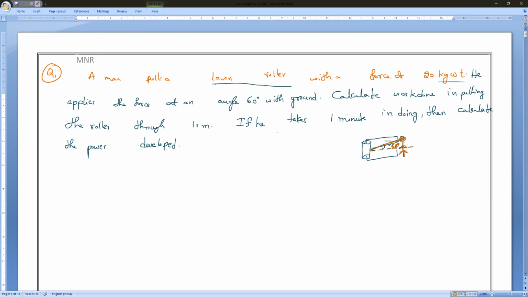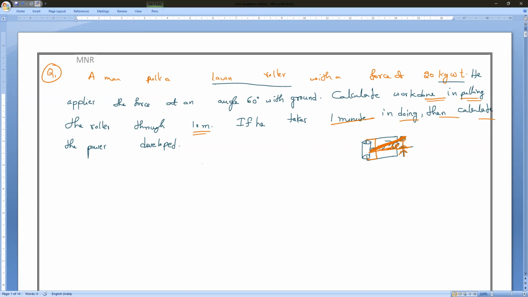Yes, that's it. So you can draw an even better view. So he is applying a force at a 60 degree angle. Now they are asking, what is the work done in pulling the roller through 10 meters? If it takes 1 minute, then calculate the power developed. So these are the things they are asking.